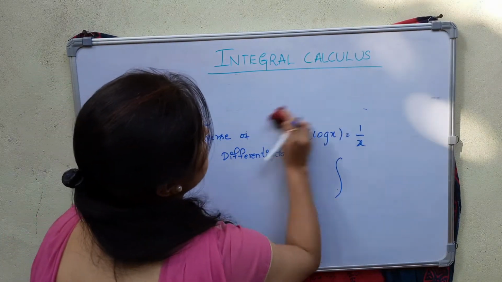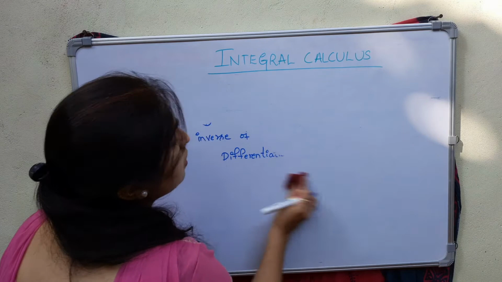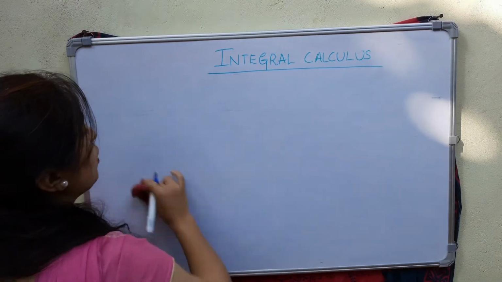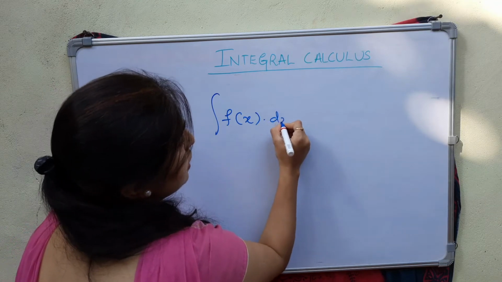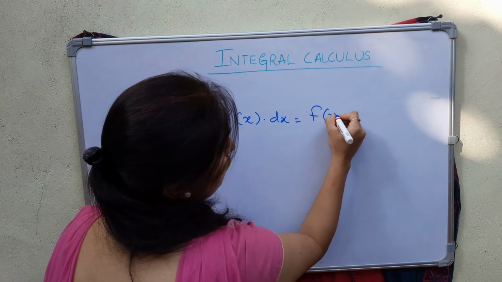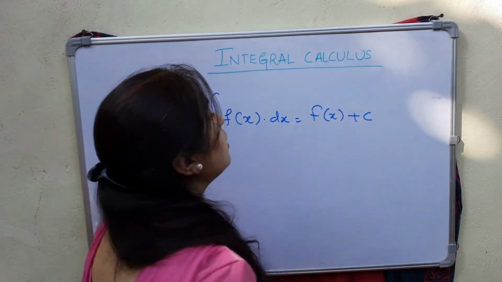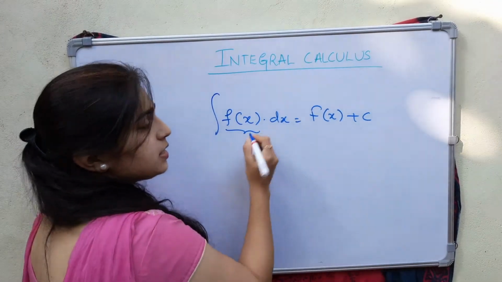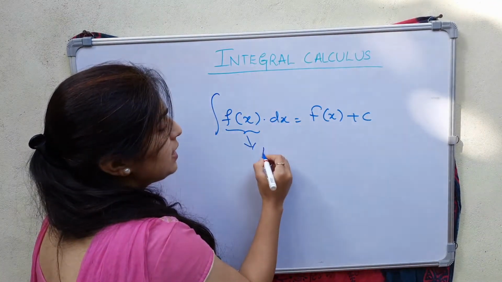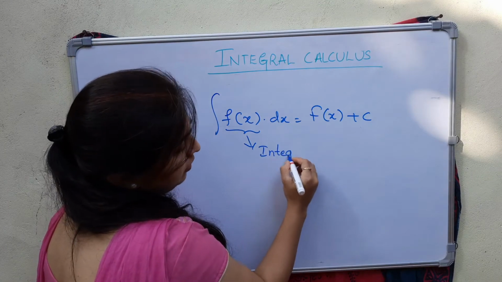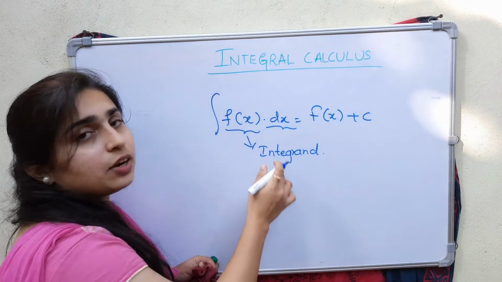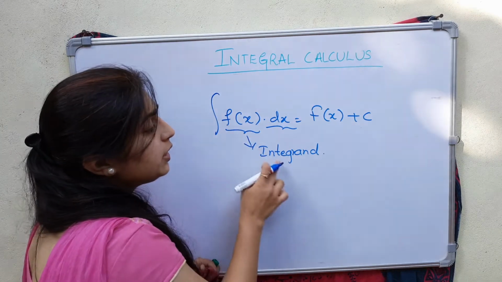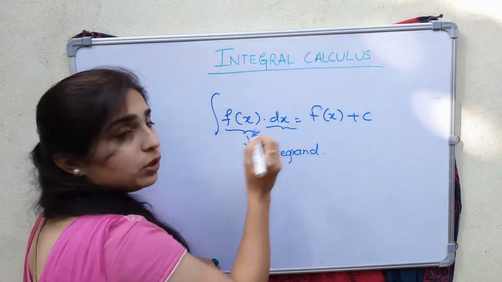Now if you consider a function f of x, the integration of f of x dx is equal to F of x plus c. Here f of x is the function, called the integrand, and dx tells us that we have to integrate this integrand with respect to x.